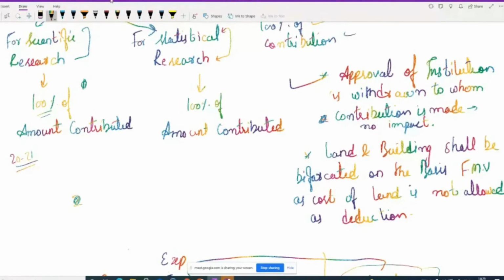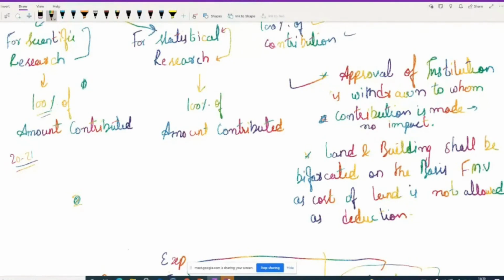But the approval of that college was withdrawn by the government of Sikkim, or by that body, AICTE, or whatever the body is. That body has withdrawn the approval. So in that case, no impact. You will get the deduction.